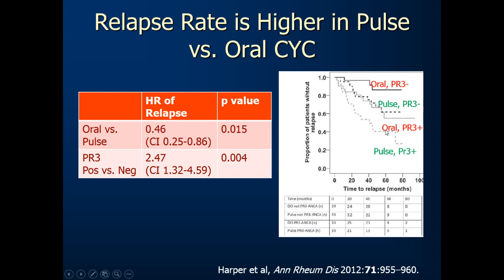This is sort of broken up looking at that, but basically these are the patients who have a better survival without relapse. I'm not sure why they term it this way. I think it's confusing to look at, but higher on this is better. So they have less relapse in these patients. The ones who had the best outcome long-term were the patients on oral cyclophosphamide who are PR3 negative.